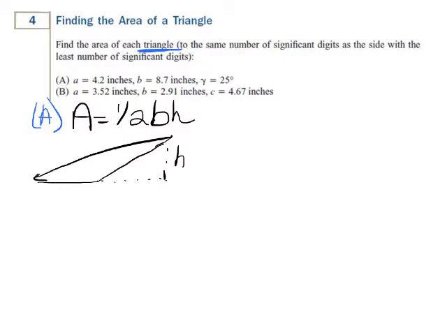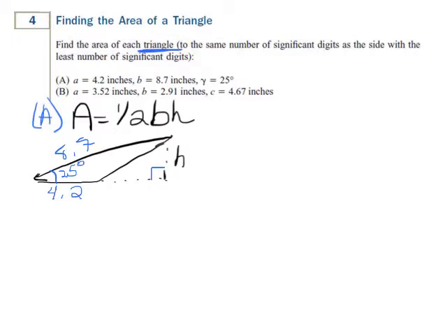So B is 8.7, and we know A is 4.2, and then our gamma is going to be 25 degrees. And if you think about it, this is a right angle.